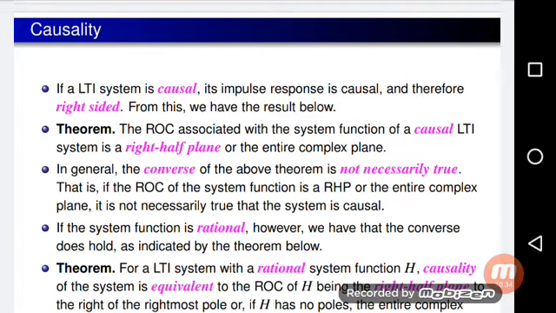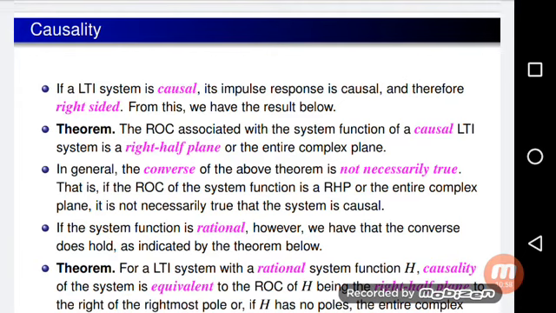Okay, next one is the theorem. The ROC associated with the system function of a causal LTI system is a right half plane or the entire complex plane. In general, the converse of the above theorem is not necessarily true.